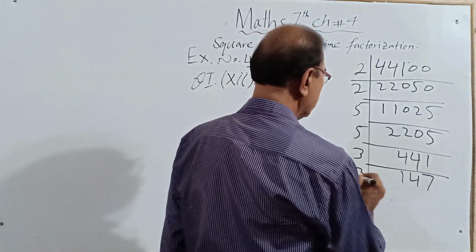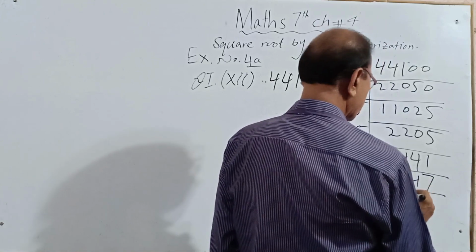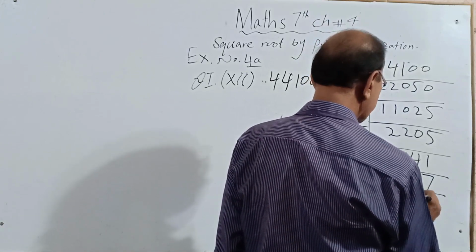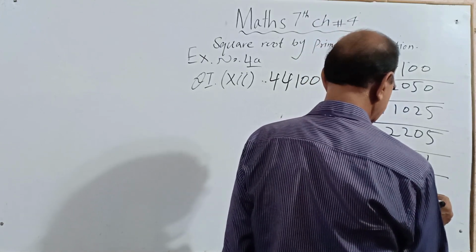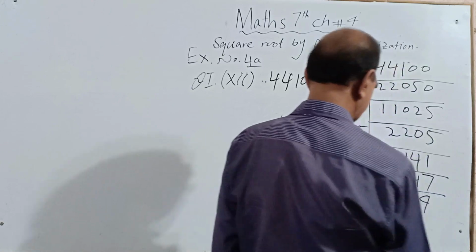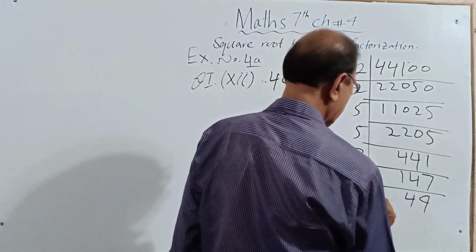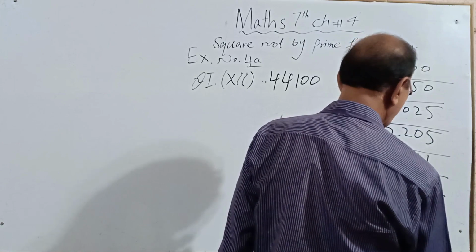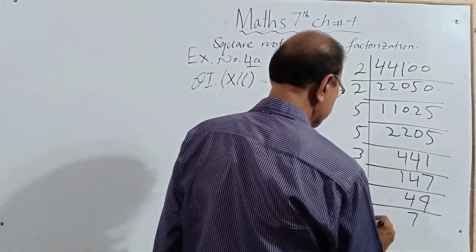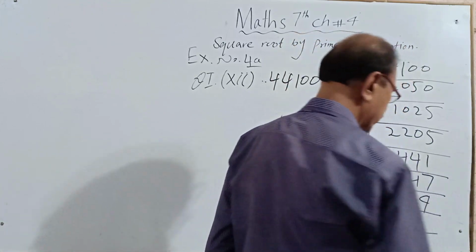Now again 3 times, 4s are, and 3 9s are 27. Then 7 sevens are 49 and lastly divided by 7, 1 times are 7.